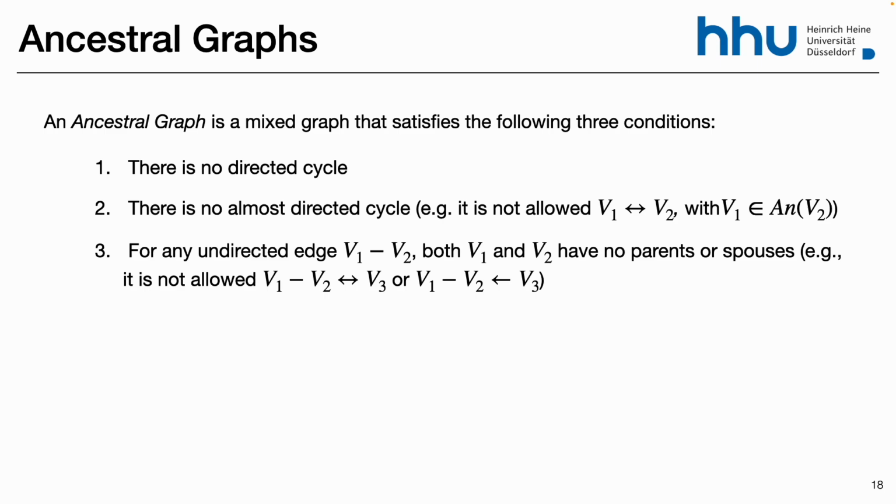A parent would be this case: V3 is a parent of a variable that's connected by an undirected edge to another one. Or a spouse. This is a spouse: V3 is the spouse of V2 in this first triplet. And this is not allowed because V2 is also connected by an undirected edge with V1.